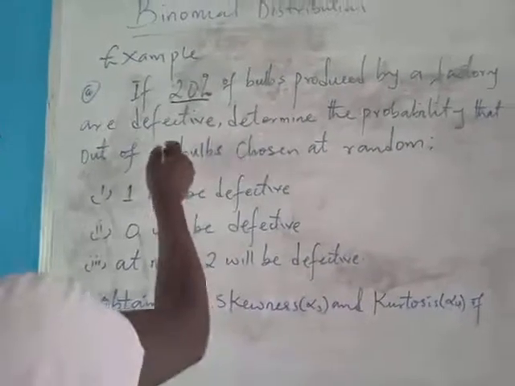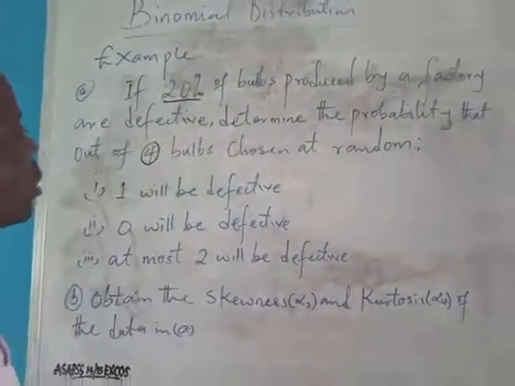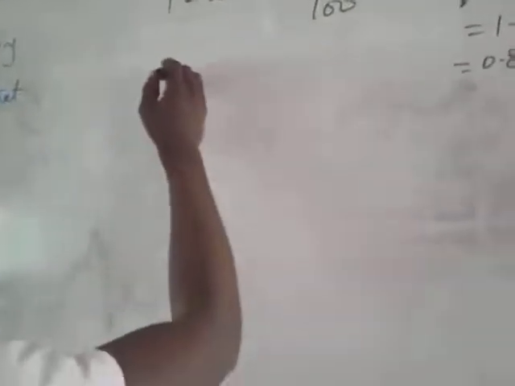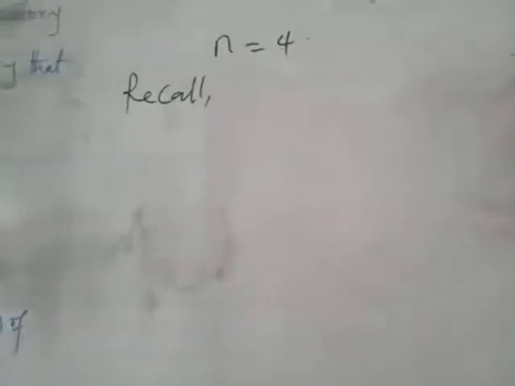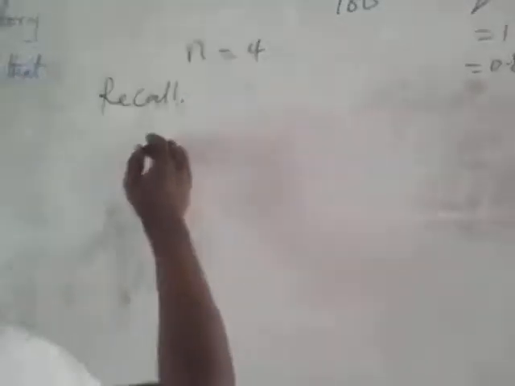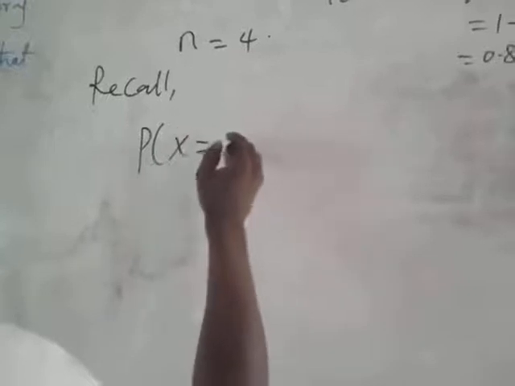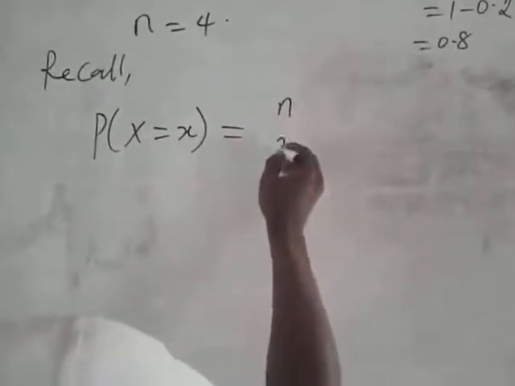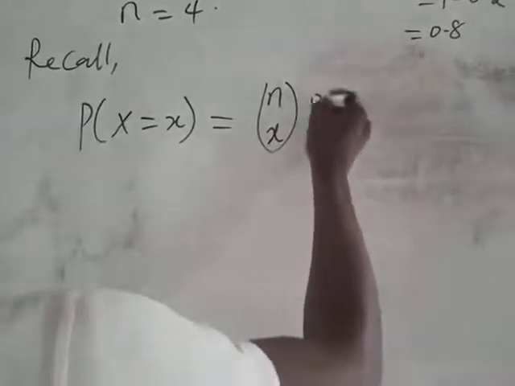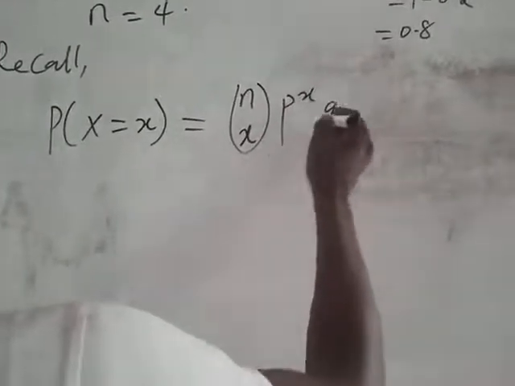So the total bulbs chosen is 4. That is our N. Our N is equal to 4. So if you recall, for the binomial distribution, we are given the probability of x equal to n combination x, then p raised to the power of x, q raised to the power of n minus x.